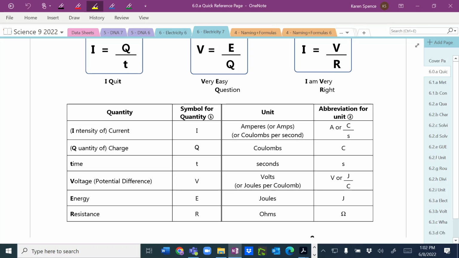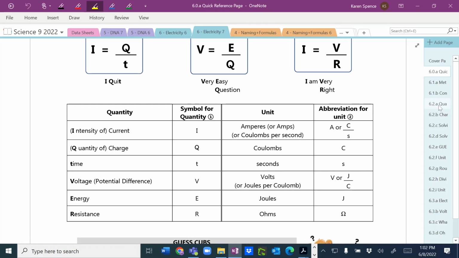Is there distance? Nope. We're doing volume and mass and distance and time because they're familiar things. You've seen density calculations before, you've seen speed calculations before. What we're going to be dealing with is current and charge and time and voltage and energy and resistance. We'll learn what all of those things are as we go. But all the units are there for you, so you don't have to worry about forgetting them. Alrighty?